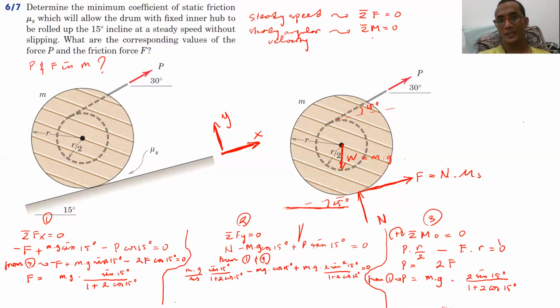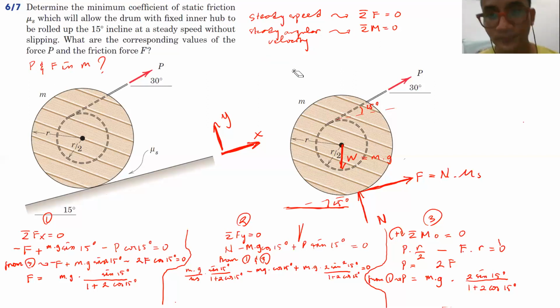We know as well that the condition happening there is that sigma F is equal to 0, and the sigma moment is supposed to be equal to 0 as well, because it's moving at steady angular velocity. So we know that this condition is happening there.